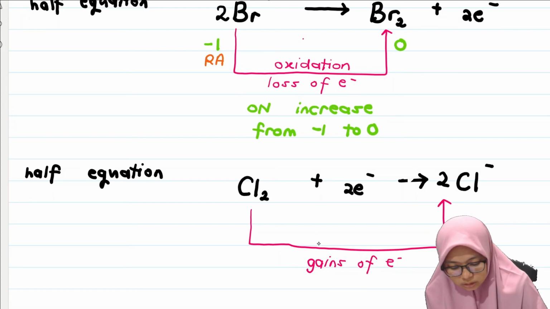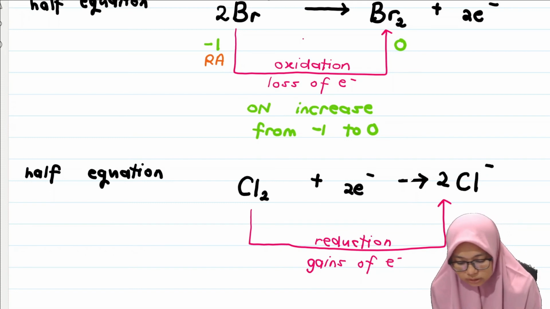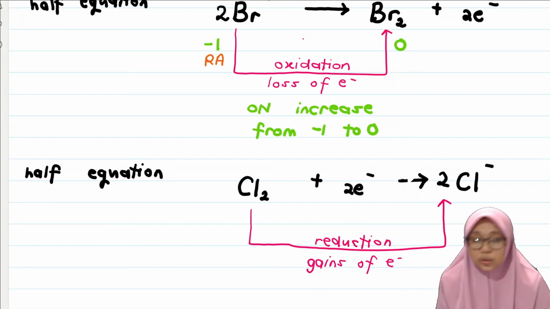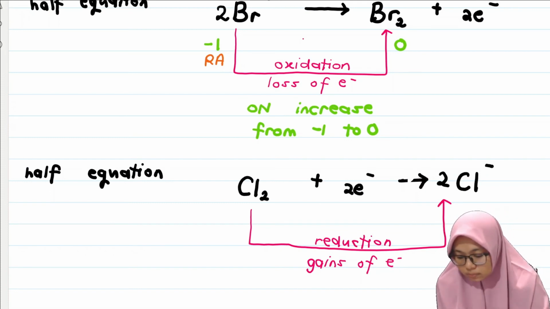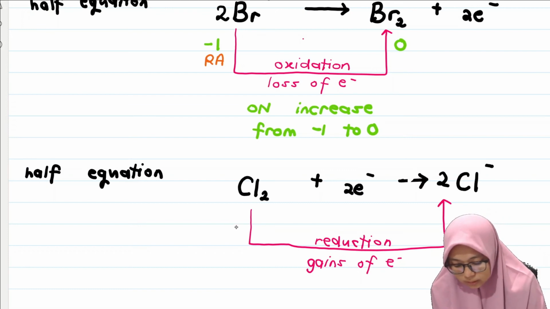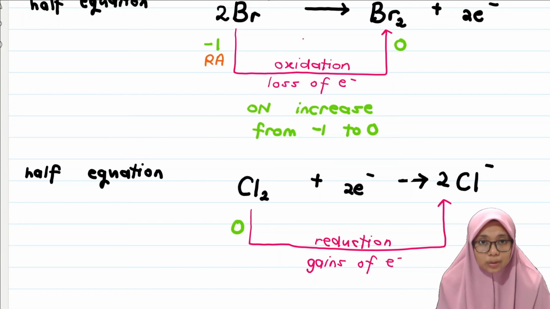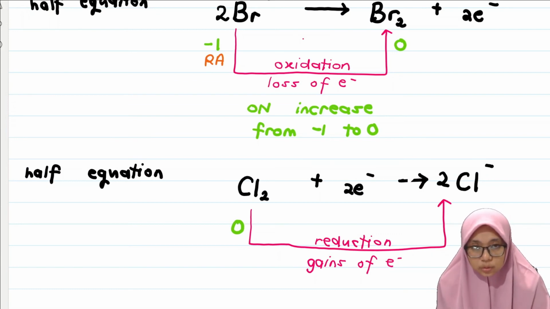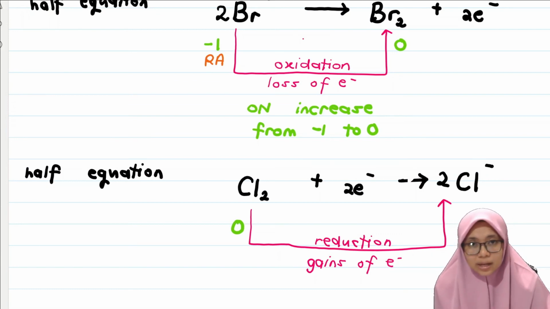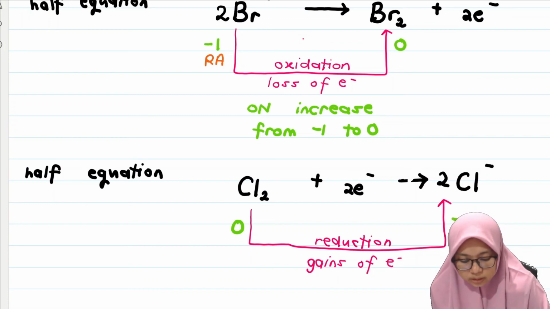So this is a reduction reaction. If you want to explain in terms of oxidation number, you can also do that. The oxidation number for chlorine molecule, an element, equals 0. Chloride ion has oxidation number -1.